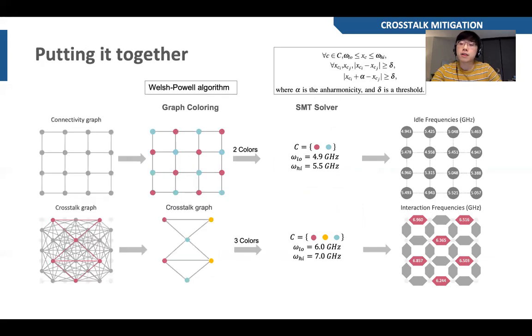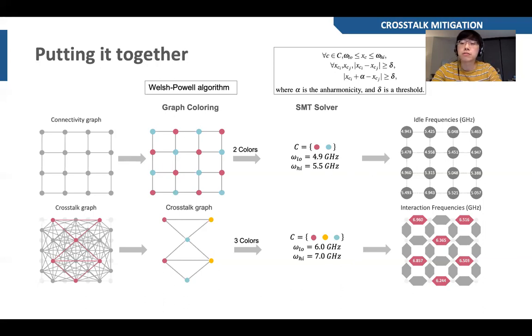Putting it all together, we obtain idle frequencies for qubits by coloring the connectivity graph using the Welch-Powell algorithm. We obtain interaction frequencies at each time step of a program by identifying and coloring its active subgraph of the crosstalk graph.